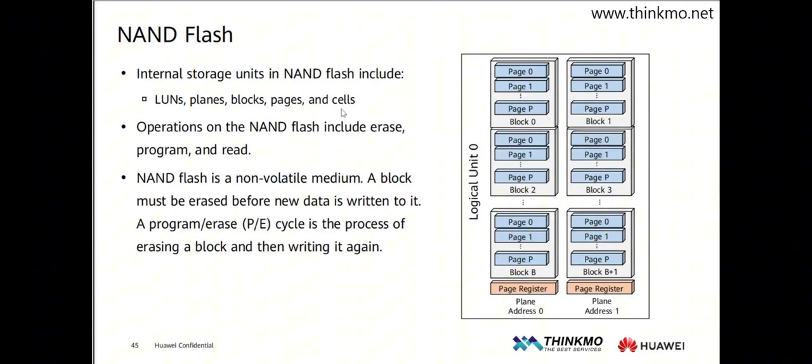For storage, it's done through zeros and ones. This is our overall structure, from large to small, from the bookshelf to the cabinet, to the drawer, to the book, to each individual word. This is the overall composition of our internal storage units in NAND flash.